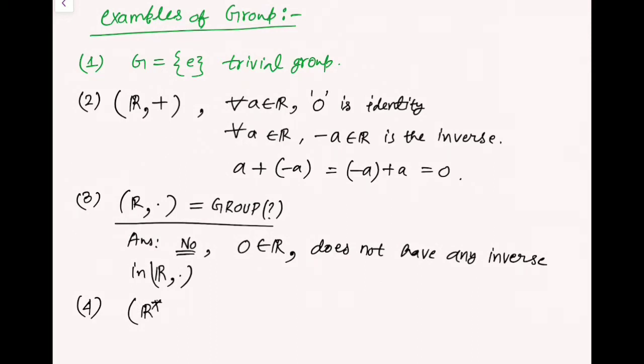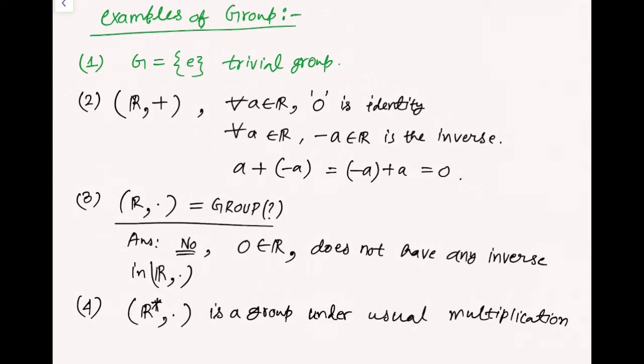So now R star with dot is a group. Here 1 is the identity and 1 by A is the inverse of A.